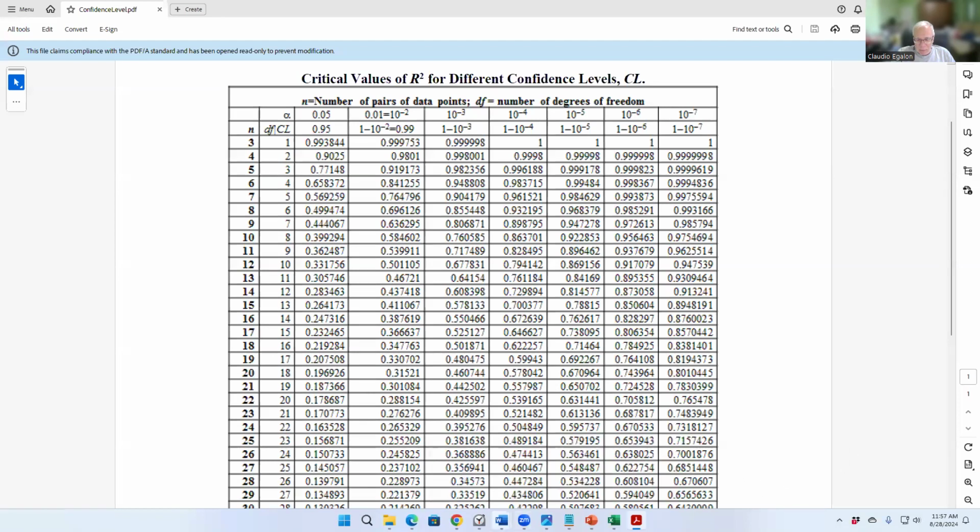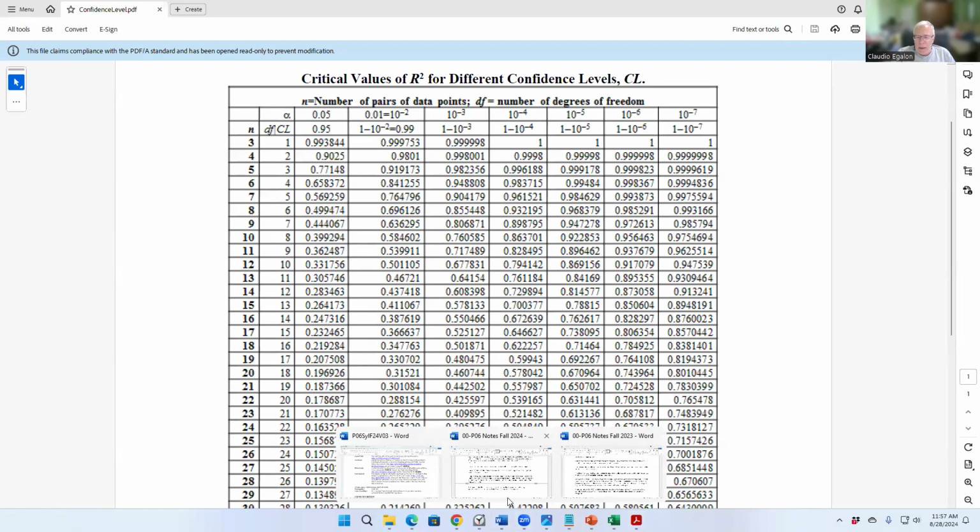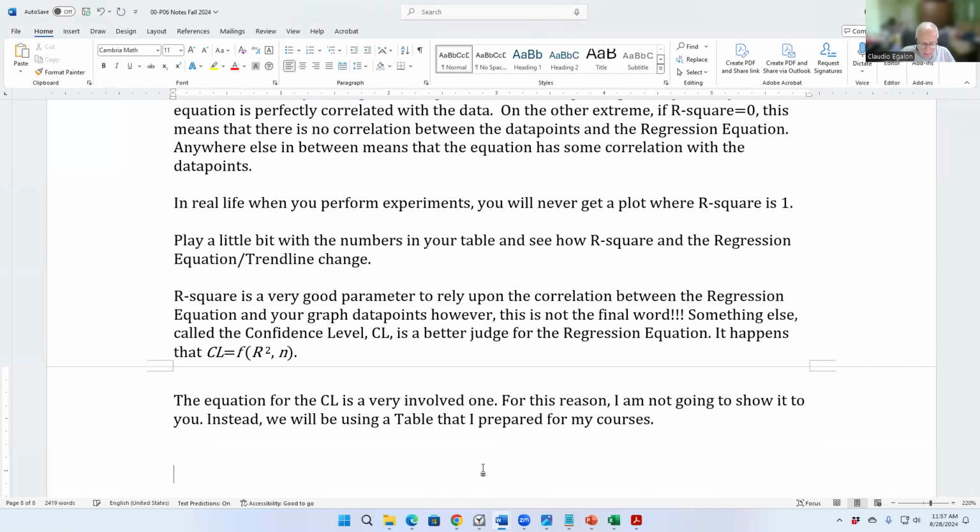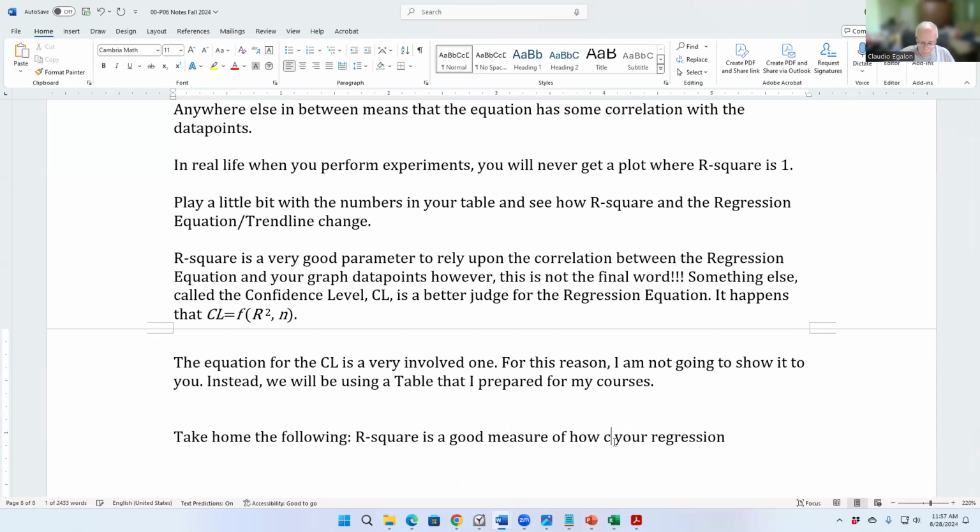But don't forget, the important thing to have in mind is that R square is a good measure of the correlation. I'm going to even write that down here. Take home the following: R square is a good measure of how close your regression equation is to your data points.